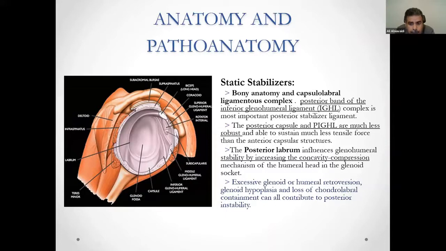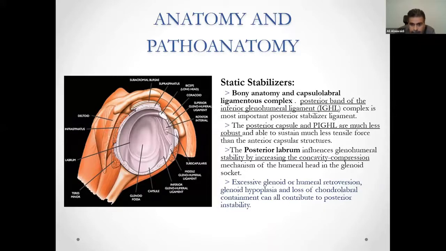Also, the posterior capsule is not as robust as the anterior capsule. So I see the tissue posteriorly as weaker than the anterior structure. I've also seen that the posterior labrum is often not as thick and not as well developed as the anterior labrum.